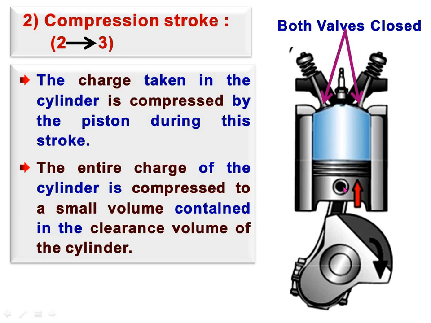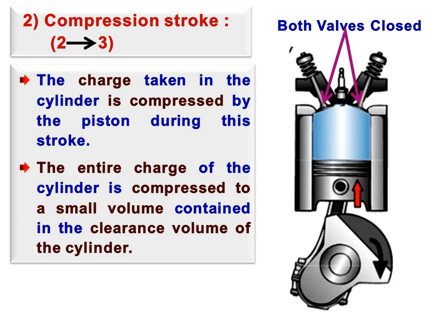The charge taken in during the suction stroke is compressed to the small volume contained in the clearance volume of the cylinder. When the piston is at the top dead center, the entire charge is confined within the clearance volume.